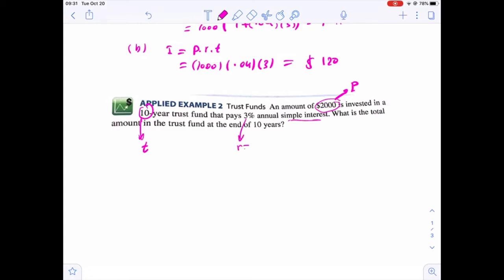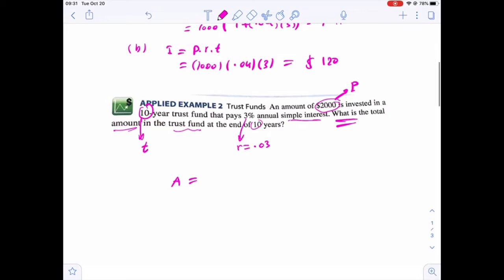The 10 years is time, and this is the principal amount. So R is 0.03 because we write it as a decimal. Now the question is, what is the total amount? We are asked to find the total amount. That means A. So we want to find A, the total amount in the trust fund at the end of the 10th year.